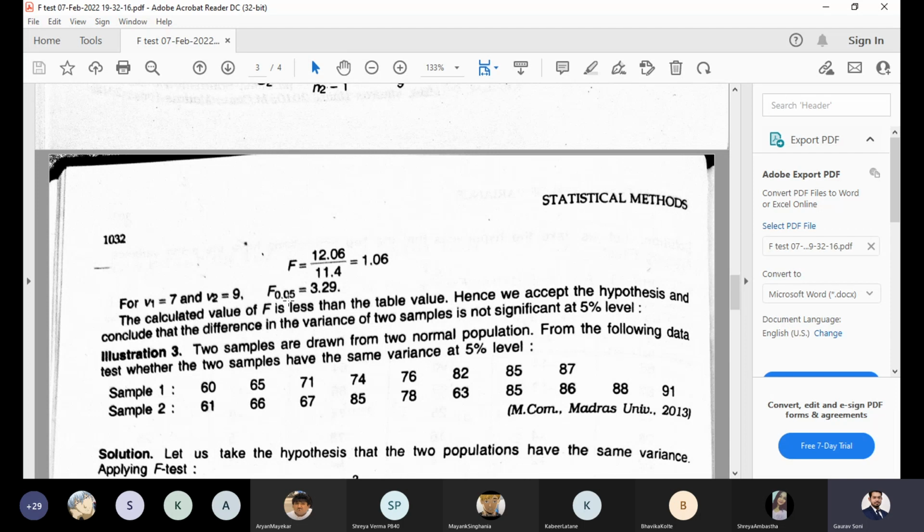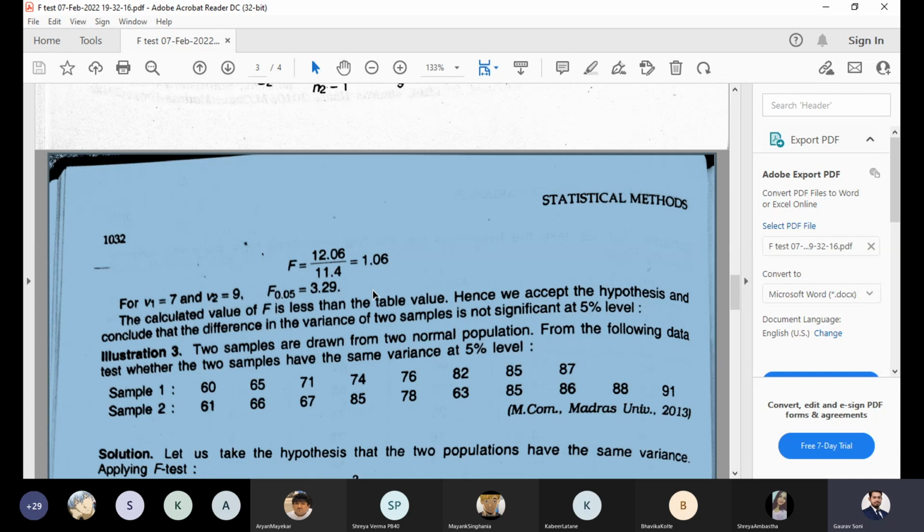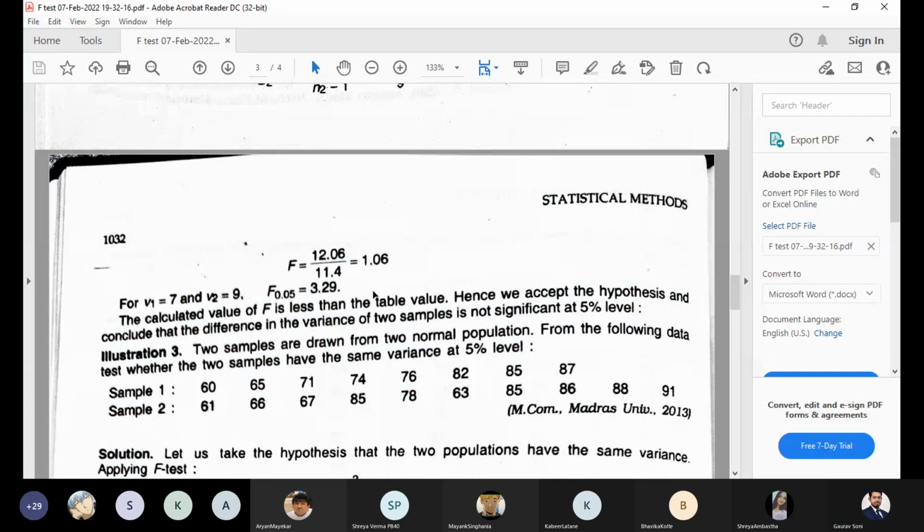The level of significance 5%. The table value of F is 3.29. So the calculated value is smaller than the tabular value. The hypothesis should be accepted: the difference in the variance of the two samples is not significant.